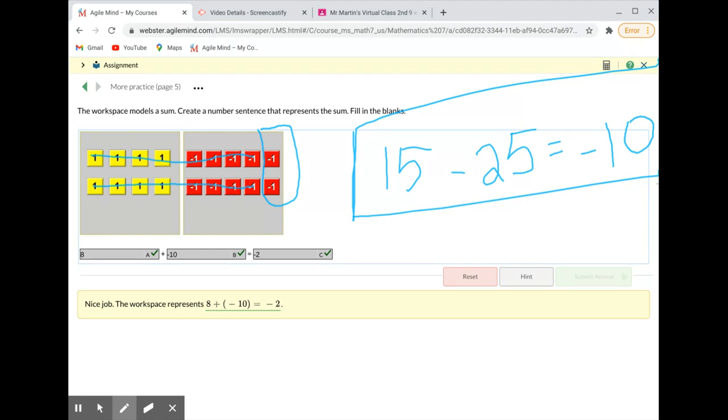So say you want to buy just a scooter. Say you want to buy a scooter. It's $25 and you only have 15. So you're $10 in debt. So it'd be -10. Okay. Devin, what was yours? I basically had the same thing that Grayson had, so I'm going to do another one.